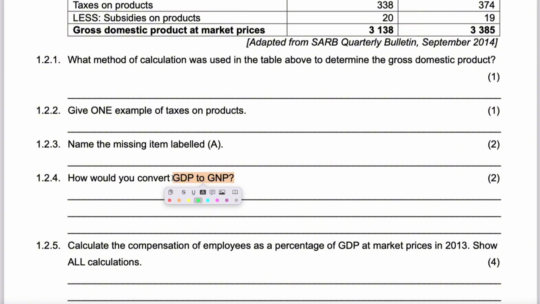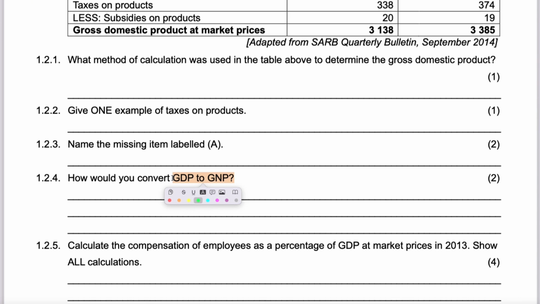So what we do is we say gross domestic product plus primary income from the rest of the world, meaning income from everywhere else that went to South Africans.